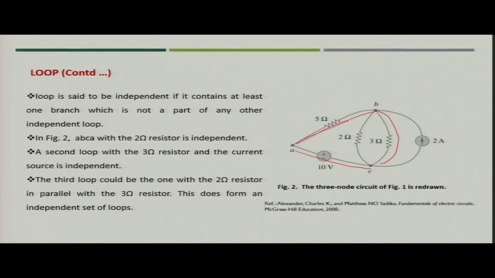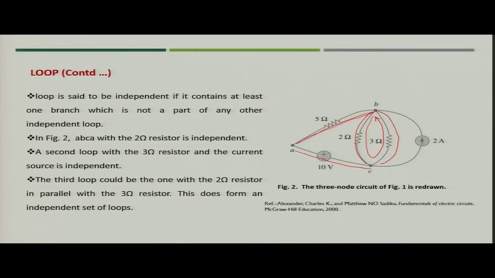Alternatively, you can go with A, B and C, which is through 2 ohm, and then A, that will be another independent loop, or you can have 2 and 3 ohm connected, that is also another independent loop. So, in all 3 cases you will see that at least one element in the loop is not part of another loop. In that way you can create the number of loops.